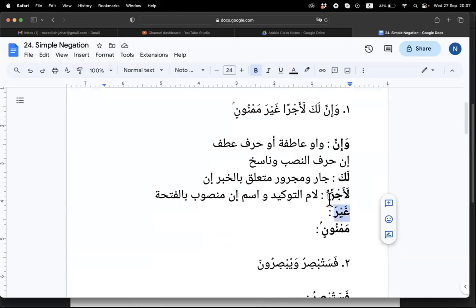How can an ism follow another ism in status? Definitely ajron. Can this one be mudaf? It cannot be mudaf, because for mudaf it must have alif lam.